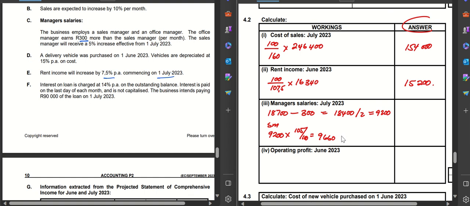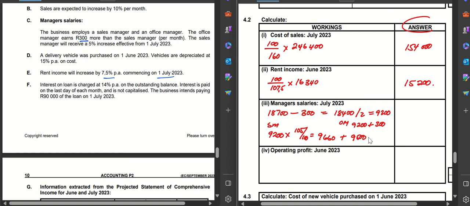But remember, the office manager was getting 9,200, and he was getting more. Remember, the office manager was getting more by 300. So the office manager, he was getting 9.5. So it would be 9,660 plus the 9.5 for the office manager.